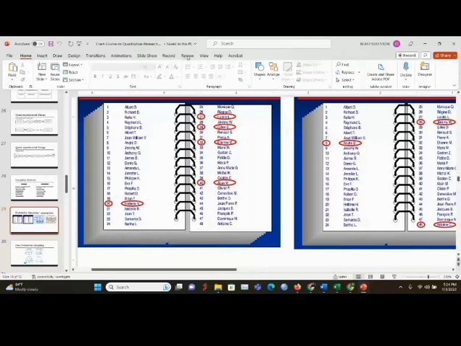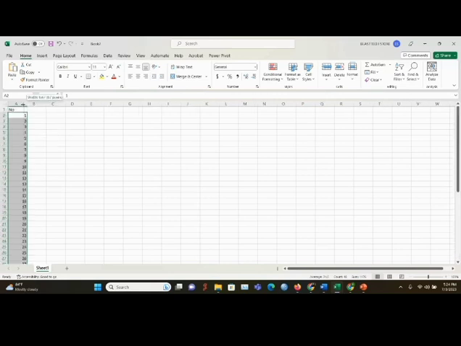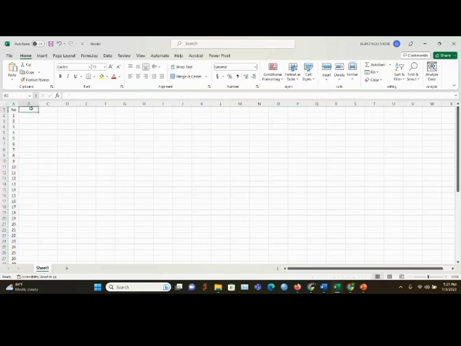In Excel, you can put the numbers, so I'll put here number 1 up to 48. So I have 48 people on my list. I only want to get, let's say, 15 or 20.